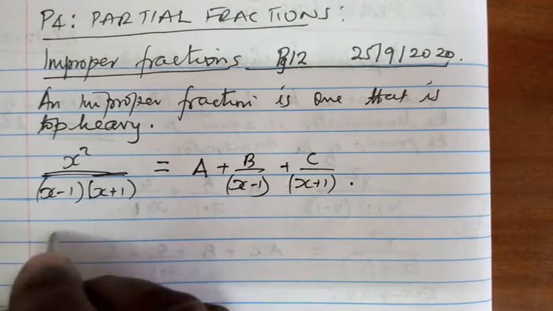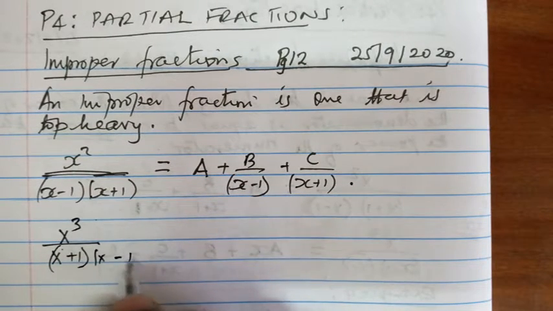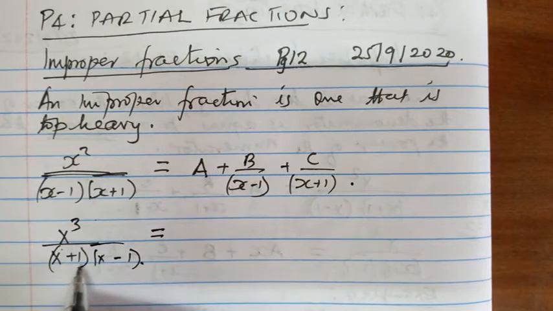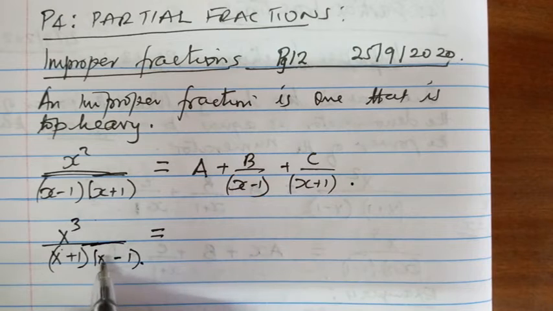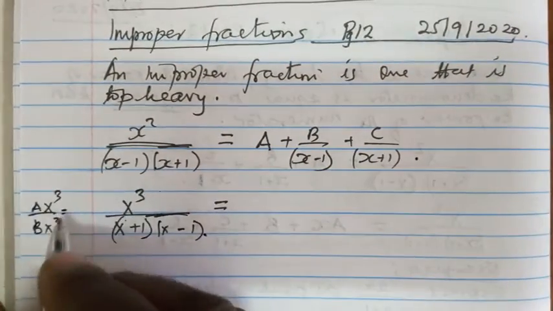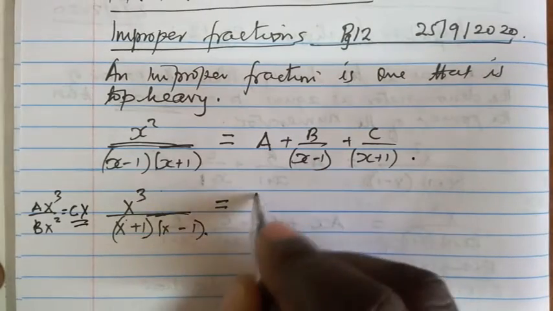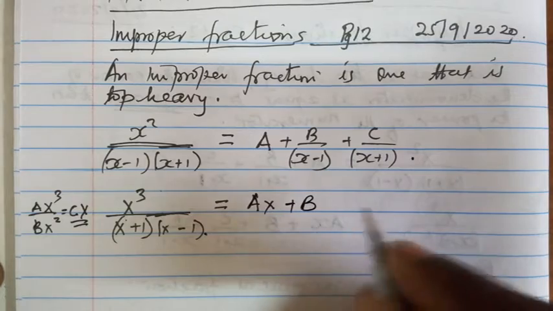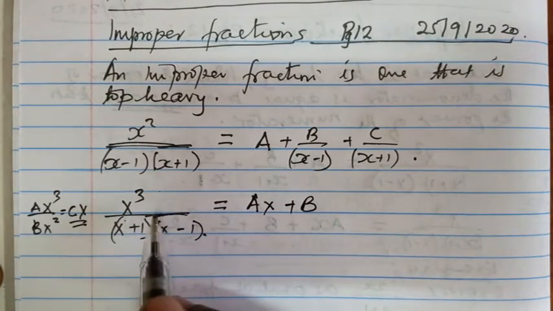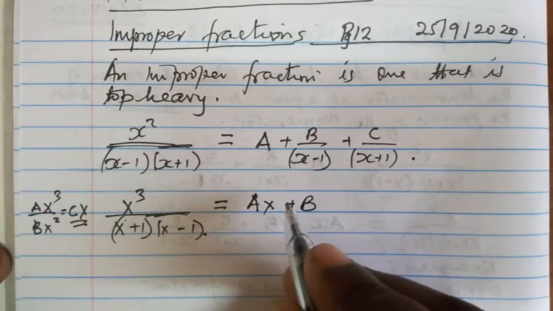In a similar way, we could be dealing with x cubed over (x plus 1)(x minus 1), whereby the numerator is cubic and the denominator is quadratic. x cubed divided by x squared is x, so we should get the first term as ax plus b, a constant, because when dividing, the power of x in the quotient should decrease systematically.